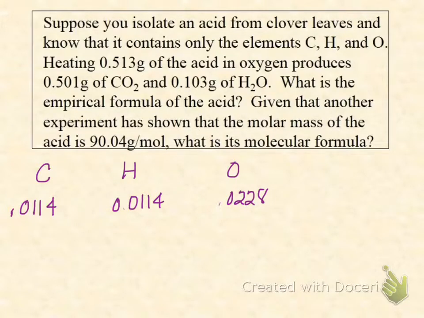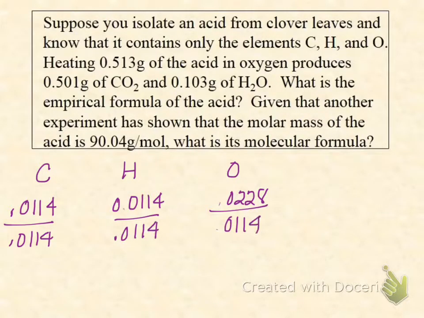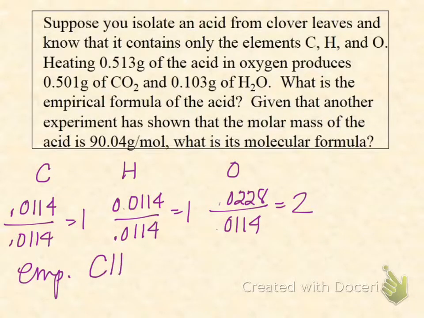Now I'm going to divide everything by the smallest. So I get 1, 1, and 2. So my empirical formula would be CHO2. That would be my empirical formula.